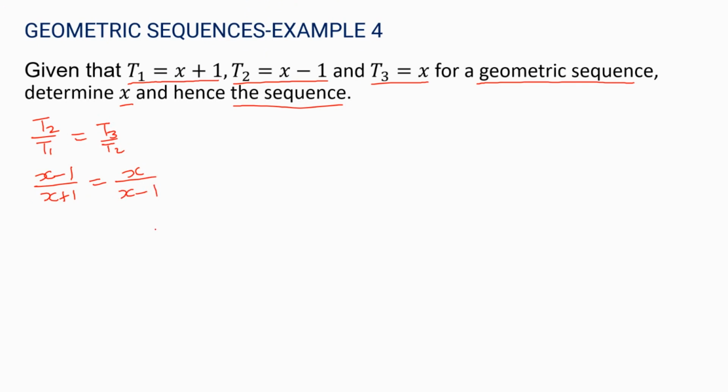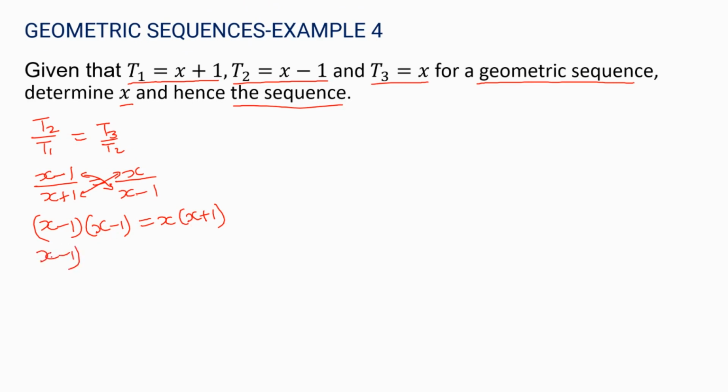Okay, so what we do, we can cross multiply here. So x minus 1 times x minus 1, cross multiplying there, and then is equal to x times x plus 1. Then this is x minus 1 squared, so we can use our square binomials.